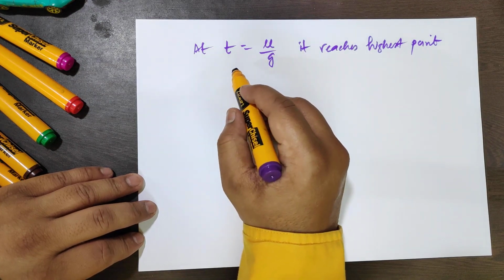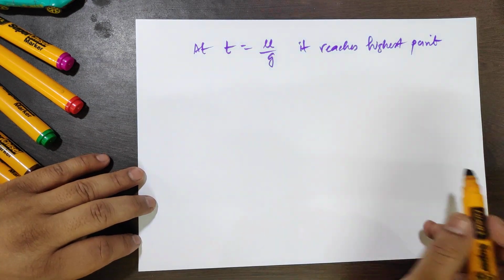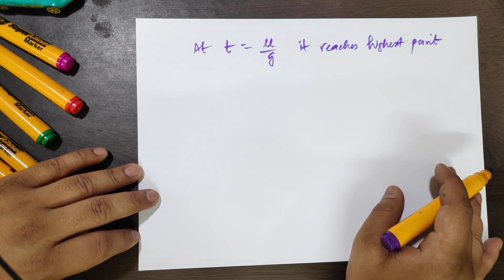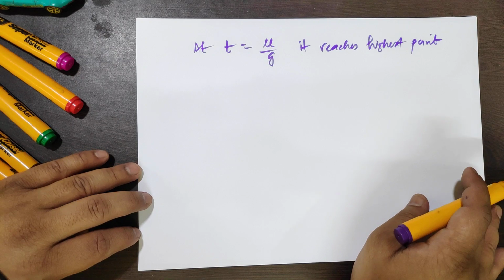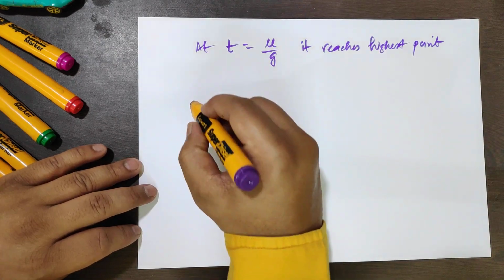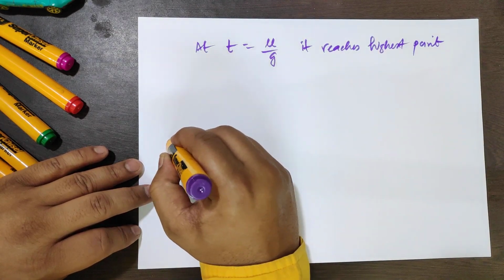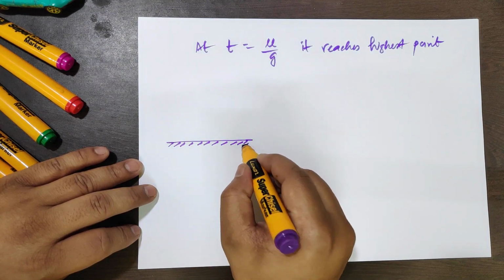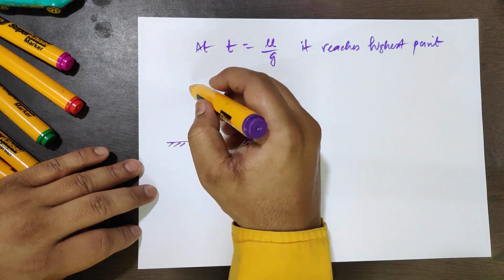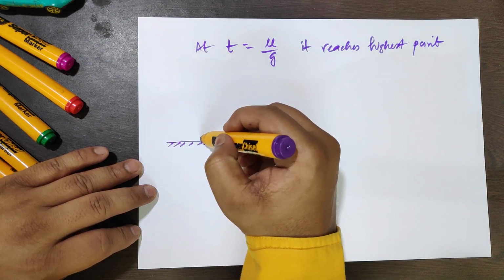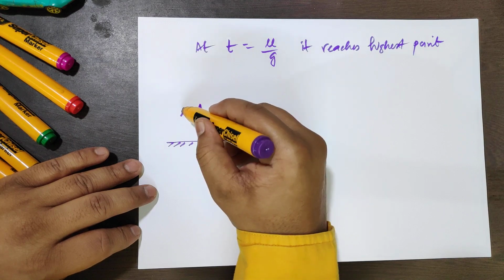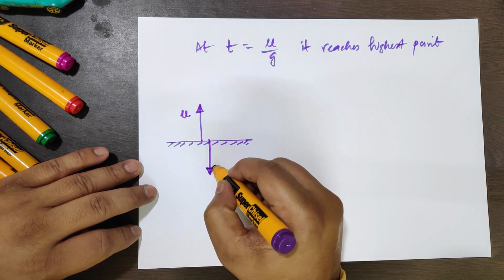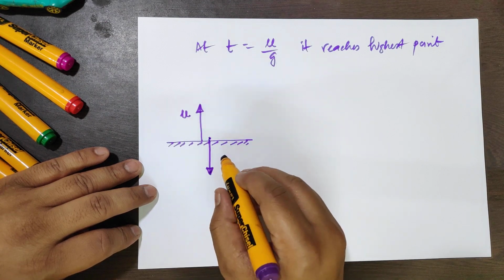So how do you prove this? Total time of flight 2u by g. Well, you can make a guess that the time to go up is equal to the time to come down, or if you don't want to make a guess, you can put it up like this. See, we know the equations of velocity only, and at least this guess you can make that when it comes back, it comes with the same speed but downward.